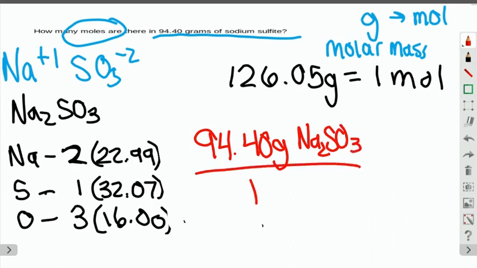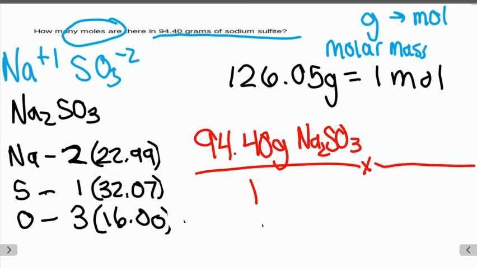Starting with grams, we will want to cancel out grams. Grams will have to be on the bottom, which in this case, we just figured out the molar mass as 126.05 grams. We are trying to get to moles. That is what's circled in the problem. So we will put 1 mole at the top.